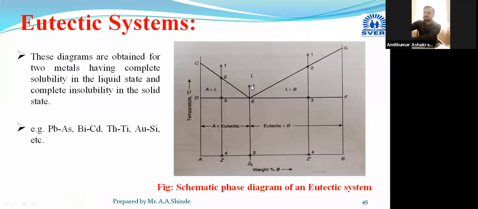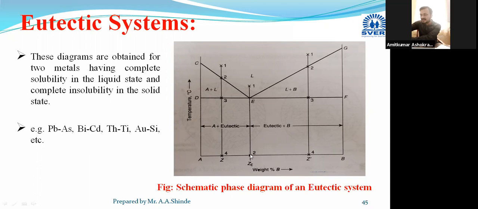Now here, at this particular point E, I have already told you that this is the eutectic point, and the eutectic transformation occurs at point E. At this temperature the eutectic transformation occurs, and the corresponding composition, Ze, is the eutectic composition, and it divides this equilibrium diagram into two regions.